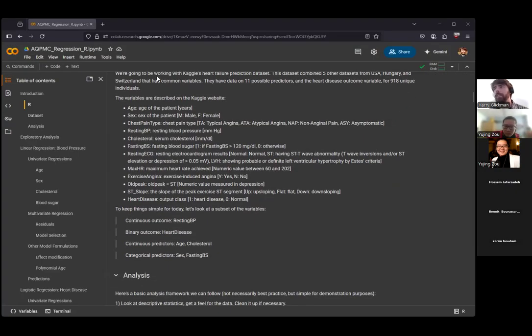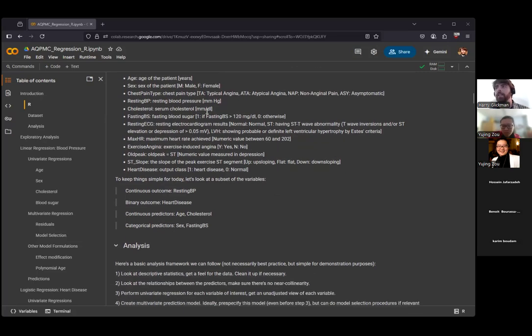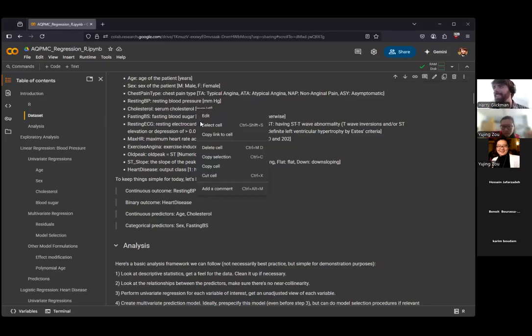So these are the variables in this data set as described on Kaggle's website. We have age, we have sex, we have the type of chest pain they're having, or if they're asymptomatic, their blood pressure. It's systolic blood pressure from the numbers, it seems, although it's not explicitly described. Their cholesterol level, and I think this is a typo because this isn't an actual unit, but we'll get into that.